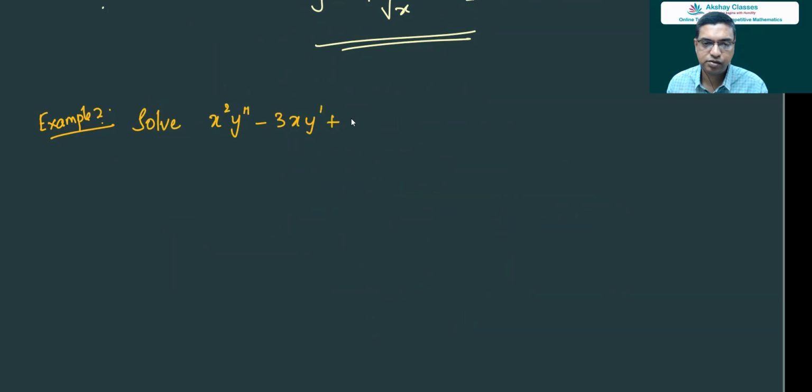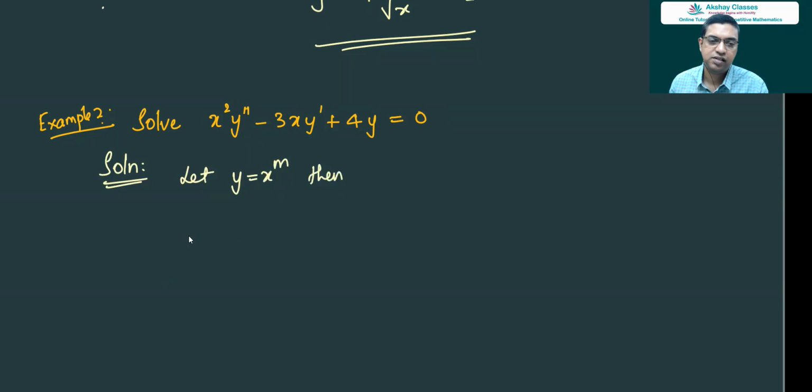Let us look at the second example. Solve x square y double dash minus 3x y dash plus 4y equal to 0. So let y be of this form, x power m.